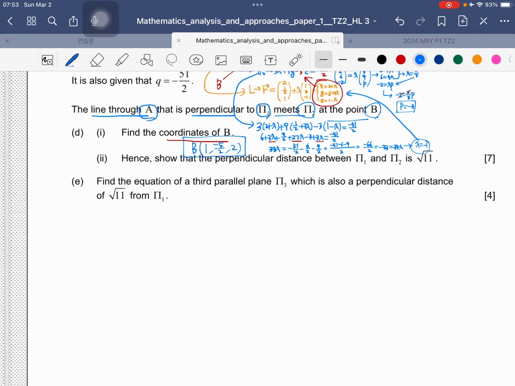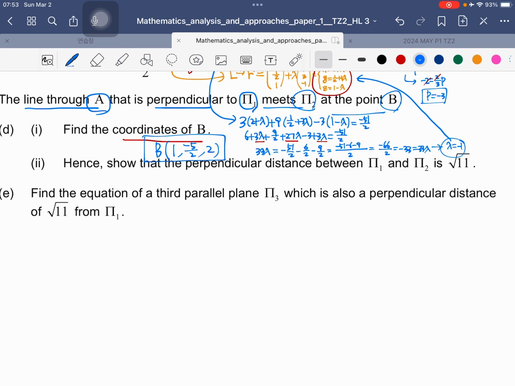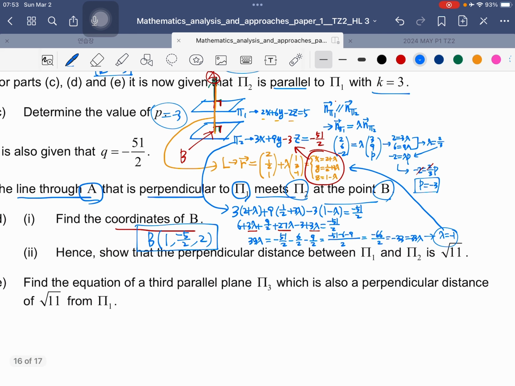Okay, hence show that the perpendicular distance between pi 1 and pi 2 is square root 11. How?